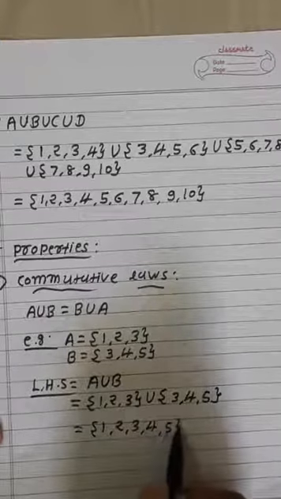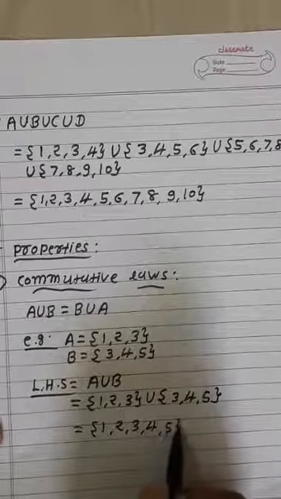Now in case of the RHS side, B union A. In case of B union A, the first position is set B, so we write 3, 4, 5 union set A, 1, 2, 3.